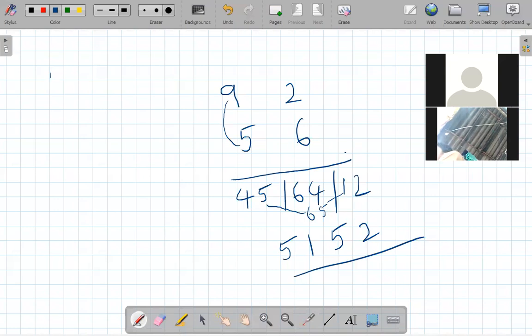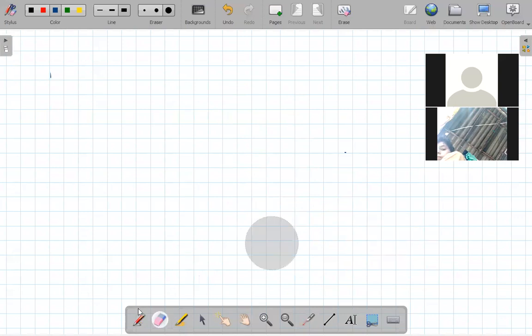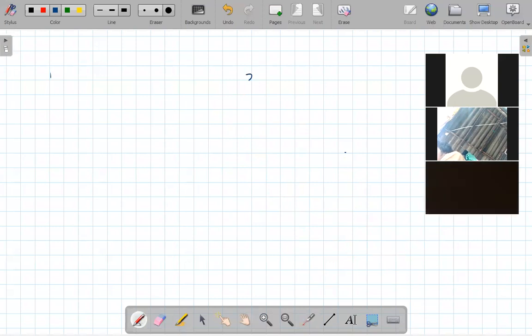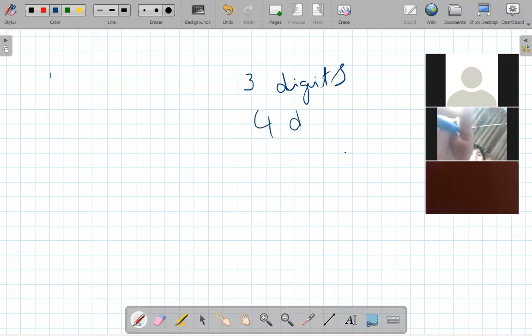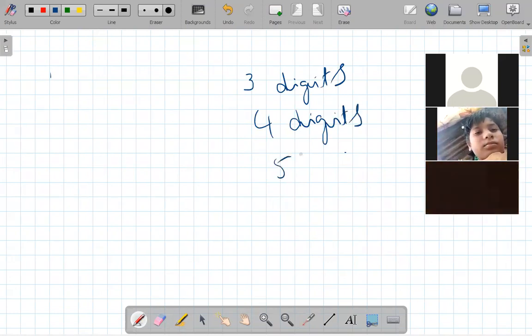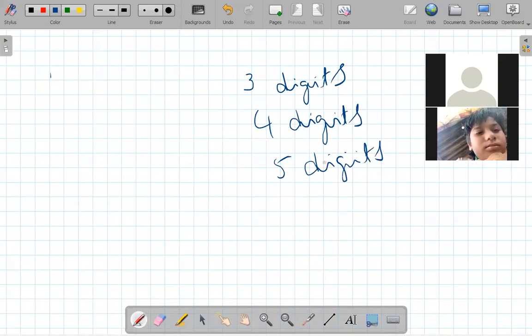In coming classes, we will discuss how to multiply 3 digits, 4 digits and even 5 digits also. Very fastly, the fastest multiplication systems.